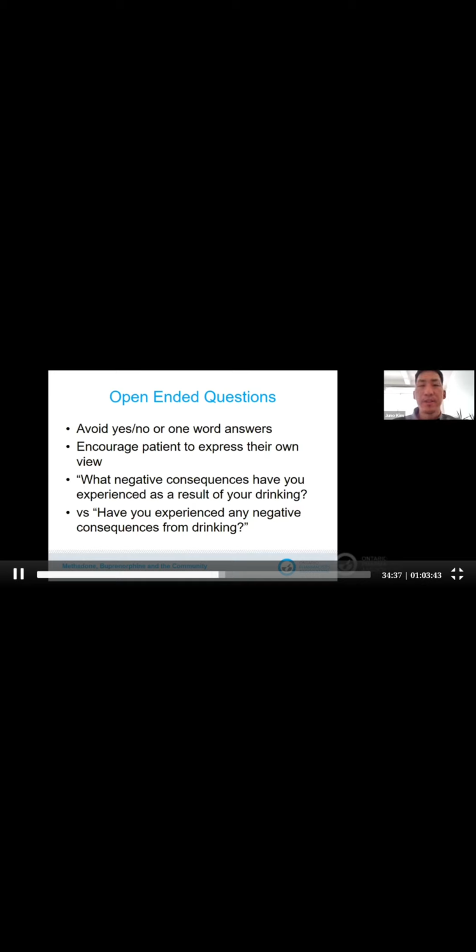By asking open-ended questions, we are encouraging the patient to express their own views. So a yes or no question would be, have you experienced any negative consequences from drinking? Versus an open-ended question, which would be, what negative consequences have you experienced as a result of your drinking?